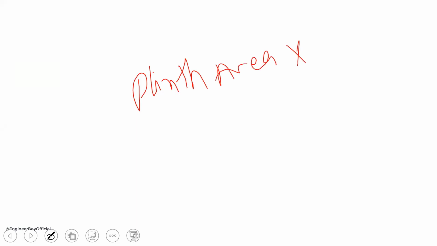The rough cost estimate. We will have an example so you guys can understand it better. The rough cost estimate is normally taken based on the plinth area of the building. So what you have to do is first determine the plinth area of the building and then multiply it with the unit rate of construction.